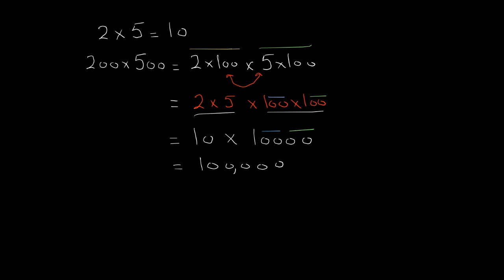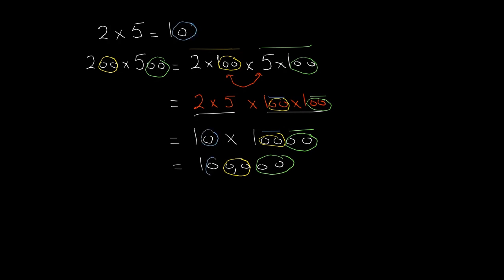So now you can see, if you look at it carefully, that you have these two zeros, and these two zeros just flow along. Then the 0 in the 10 flows along too.